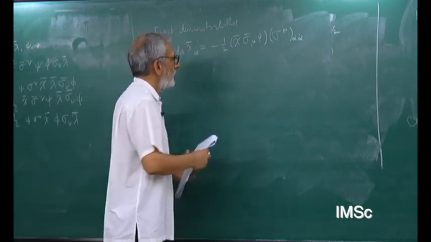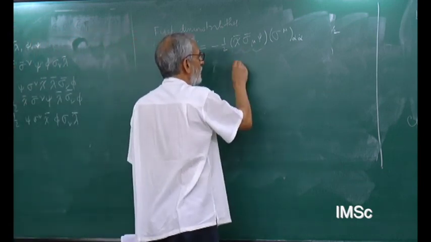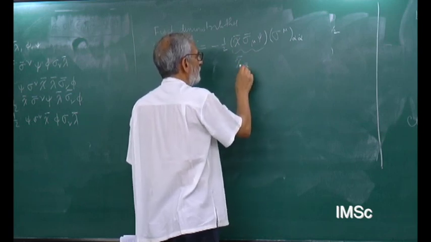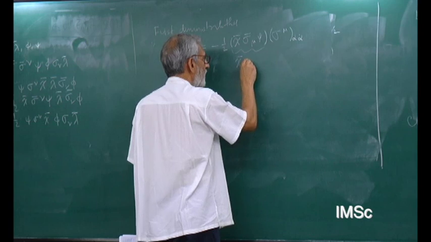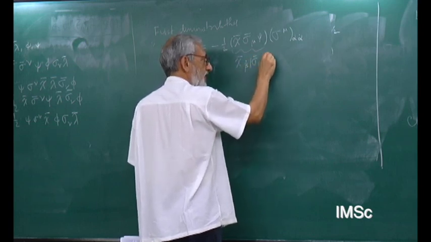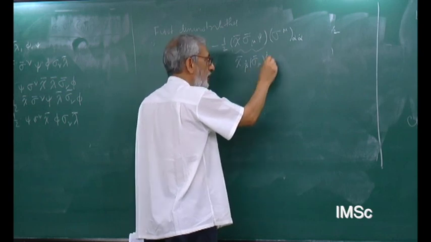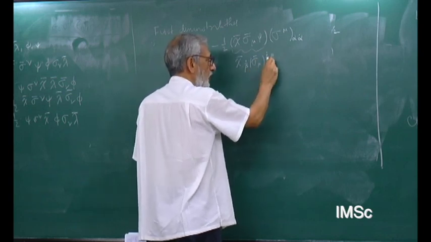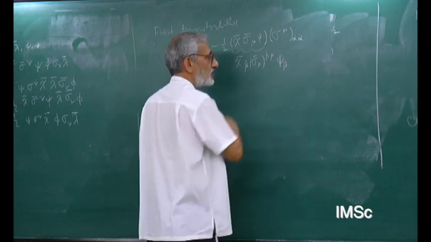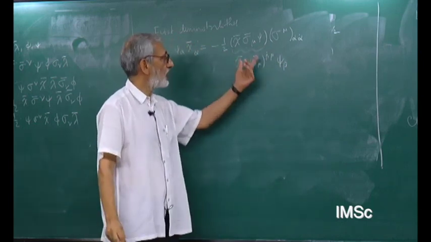This is shorthand for, let me remind you again, chi bar beta dot sigma mu bar, which is indexed with a dotted first up and dotted undotted next. This is what it stands for. This is the shorthand for this.